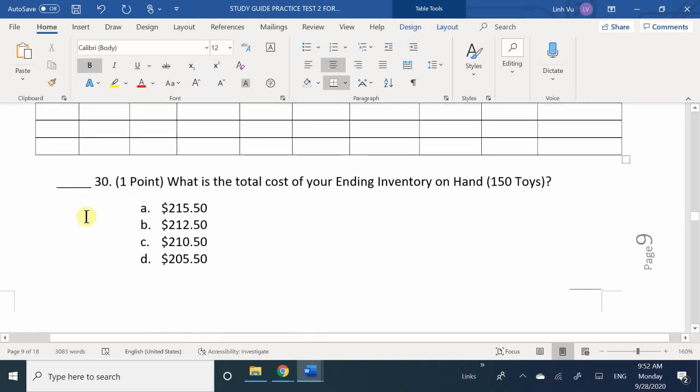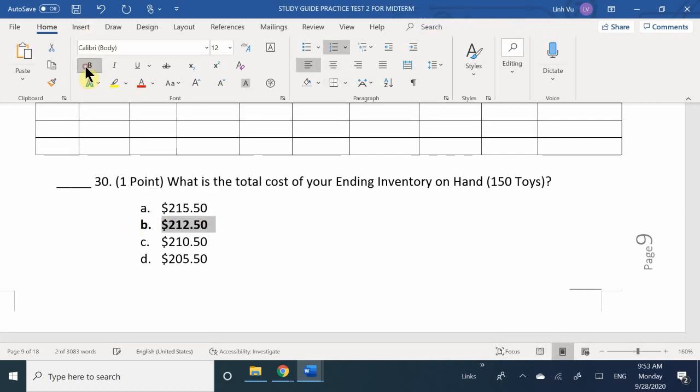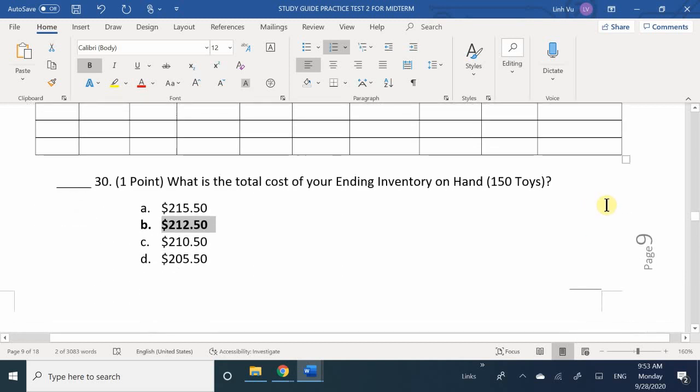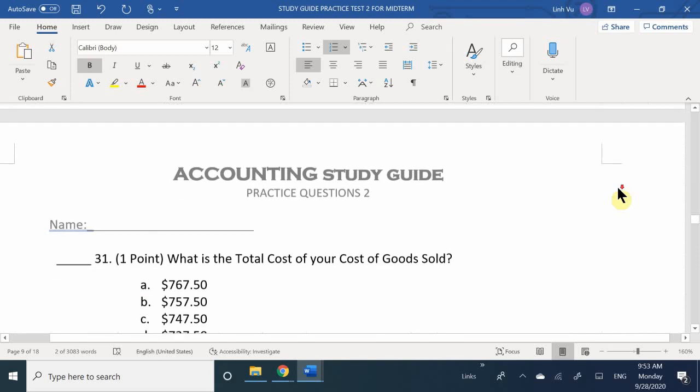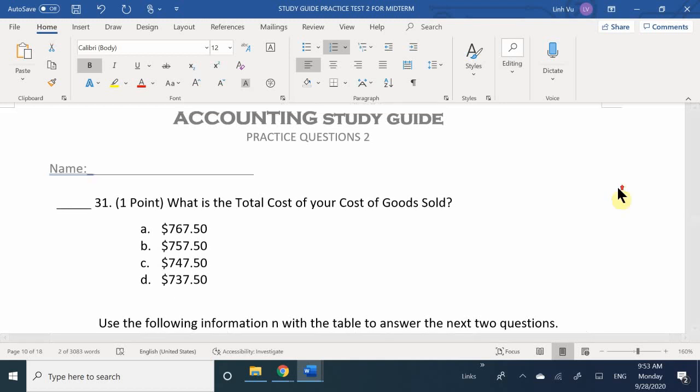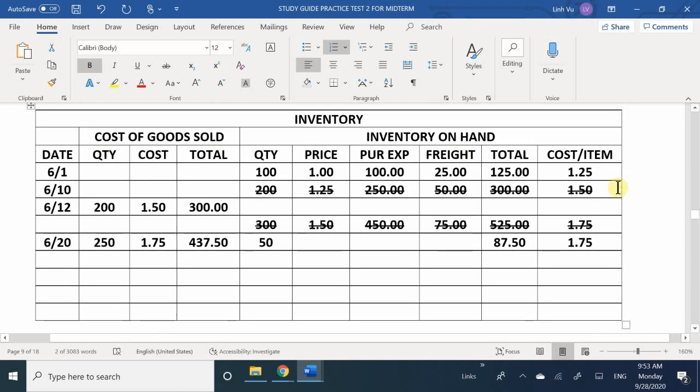Yes, $212.50. We added our 125 and we added our $87.50 to get $212.50. Good. All right. Now this question says, what is the total cost of your cost of goods sold? So let's go back up here.